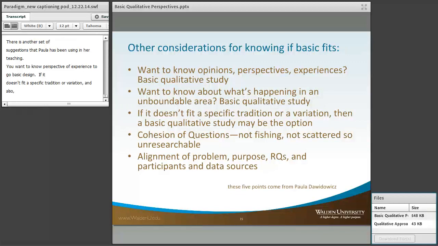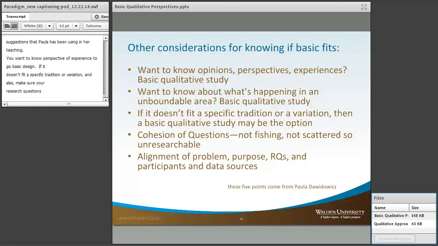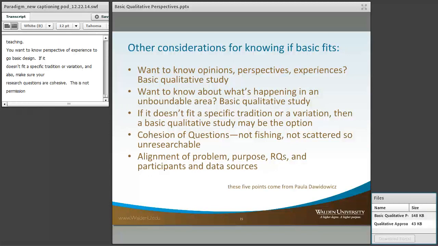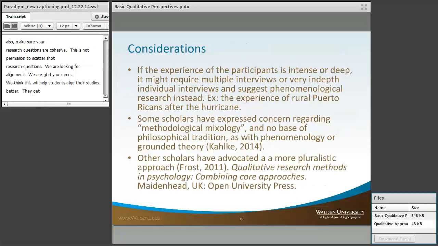Also make sure that your research questions are cohesive. This is not permission to scattershot research questions. And of course, we're always looking for alignment. We're glad you came because we think this will help our students align their studies better. Sometimes they get all tied in knots at the perspective stage because they're trying to fit a shoe into a box, or a box into a shoe.